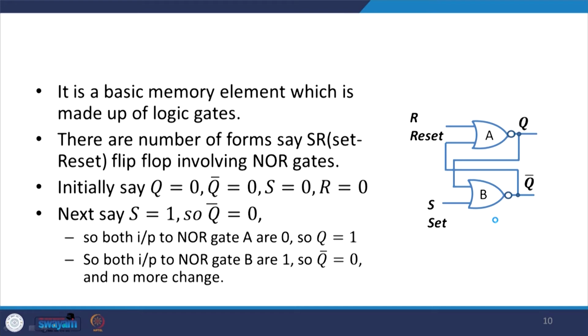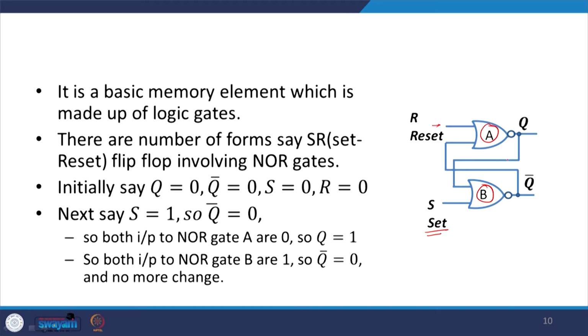There are a number of forms, say SR, that is set, reset, flip flop involving the NOR gates. So, here we have NOR gate A and NOR gate B. From here is the set input and from here is the reset input.